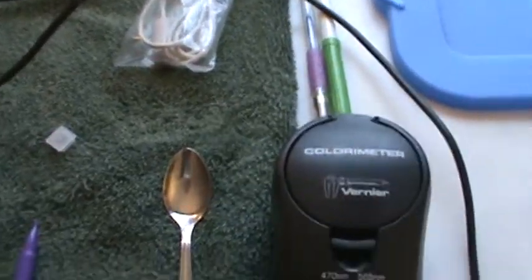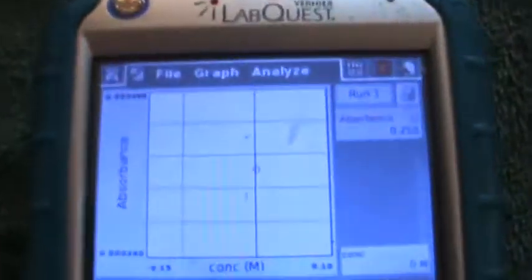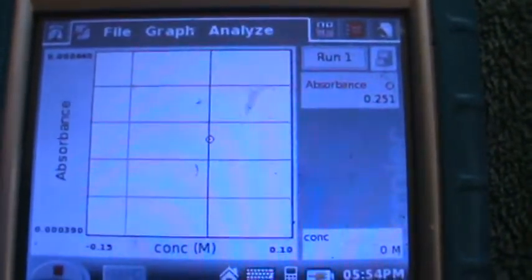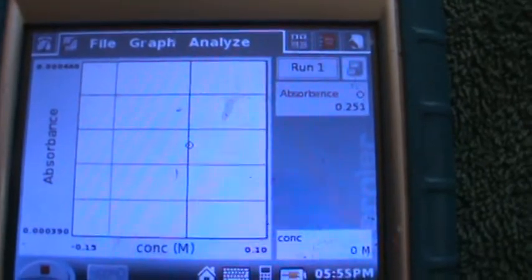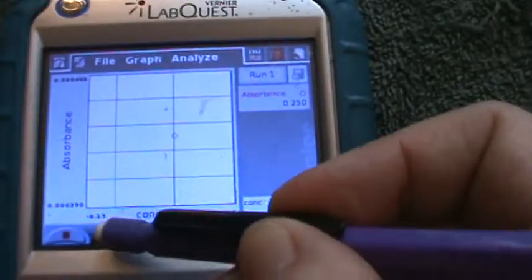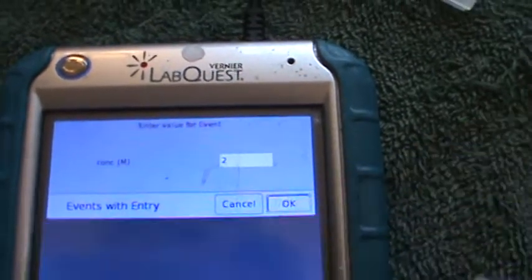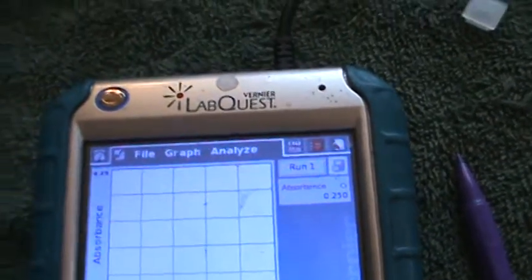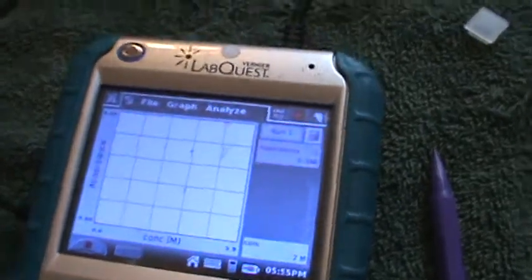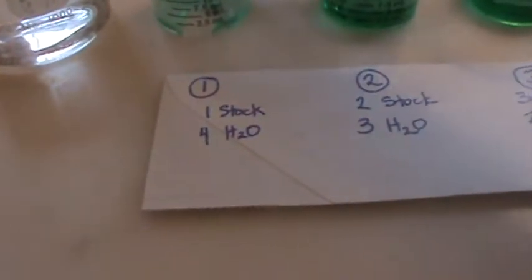And I'm going to very carefully pop that in there and close it and come over here where I can see my absorbance. Okay, and then I choose keep, and I'll put in a 2 for that. Okay. And now, since I don't have any extra and I want to be real careful just in case, we'll go ahead and dump that out, and then we'll go on to our next one.